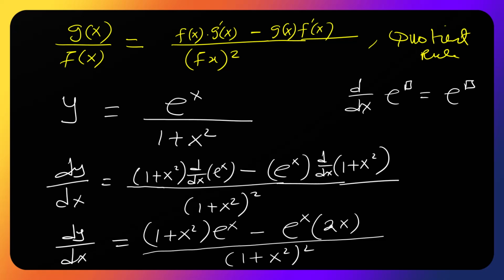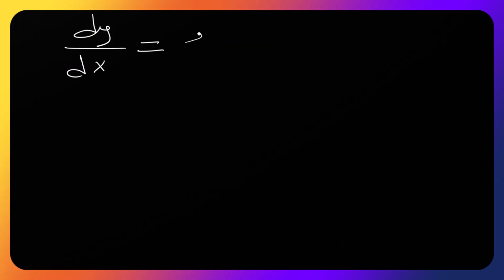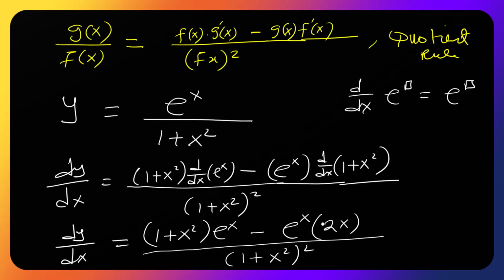So let's elaborate this one. We have dy/dx. This one times 1 will be e to the power x, plus x squared times e to the power x, which is x squared e to the power x. Now let's look at this one.